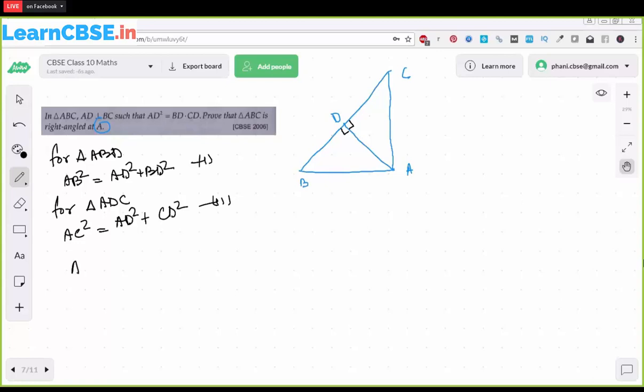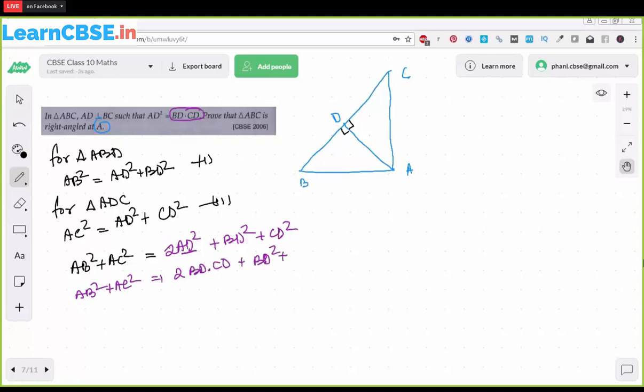So AB square plus AC square is equal to twice of AD square plus BD square plus CD square. In place of AD square, we can write BD into CD. So twice of BD into CD plus BD square plus CD square.